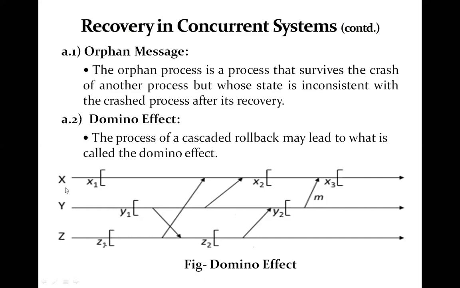Now, in these three processes X, Y, Z, if the process X is rolled back, it can be rolled back to the recovery point X3, X2, or X1. If it is rolled back to X3, then it is not going to affect any of the rest of the processes.